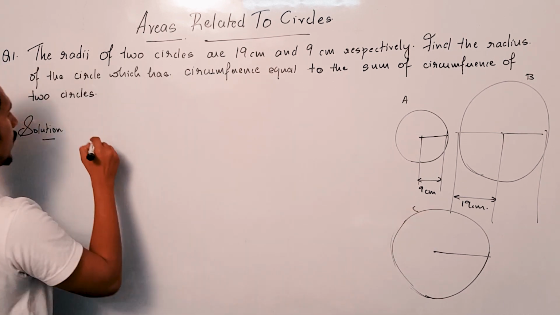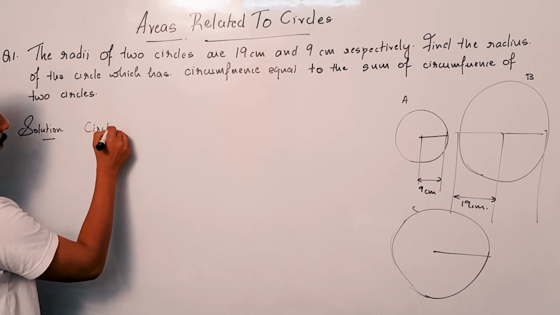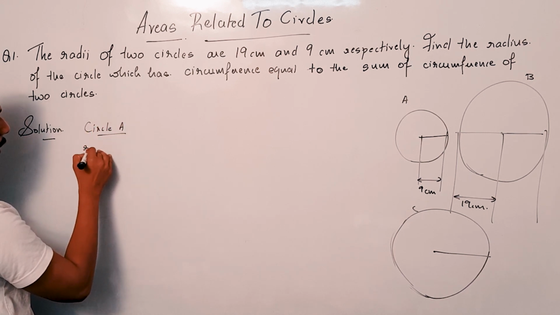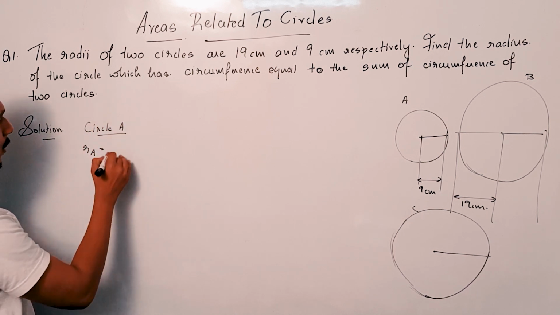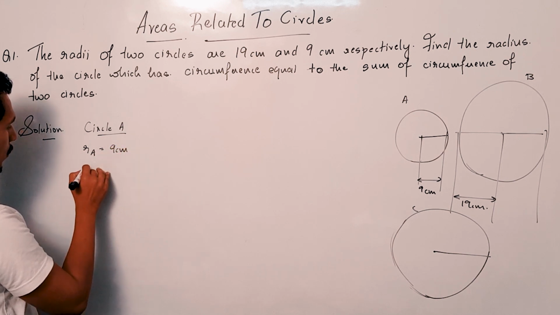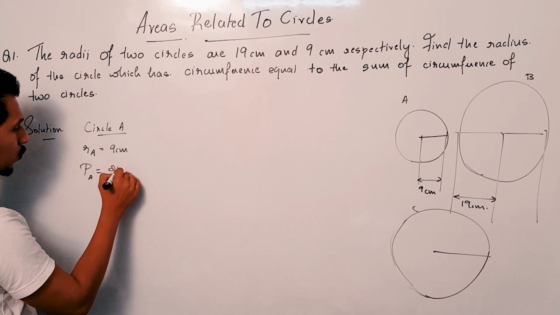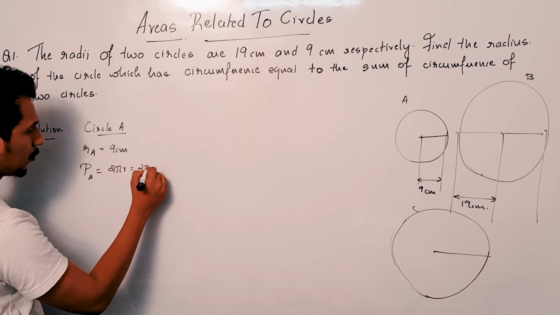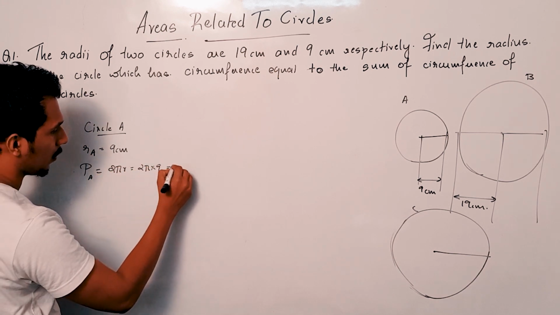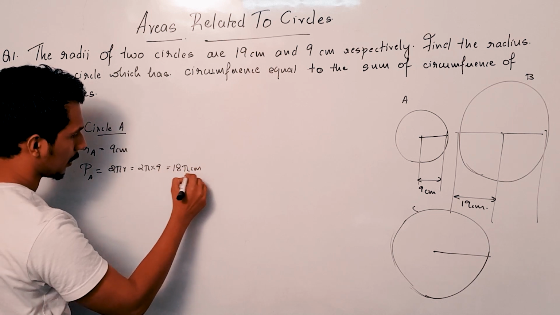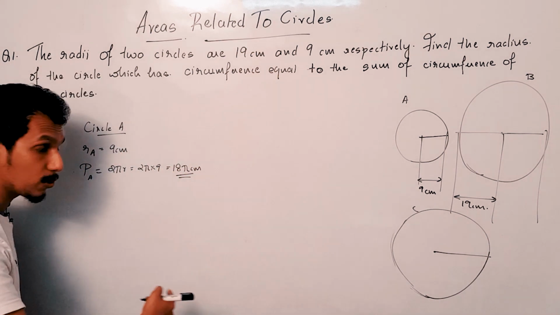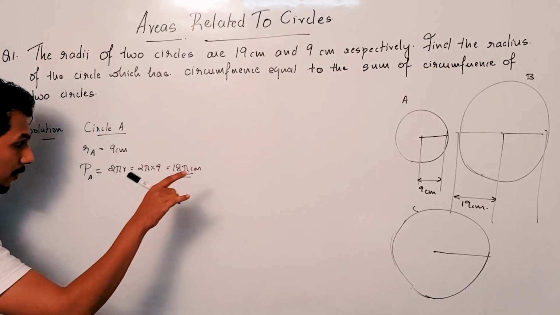For circle A, radius A is equal to 9 centimeter. So the circumference, that is perimeter of A, is 2 pi r, that is 2 pi into 9, or 18 pi centimeter. Perimeter is a length, so its unit will be centimeter, not centimeter square.